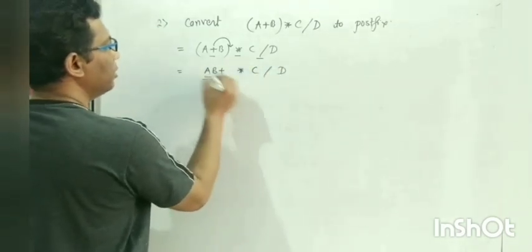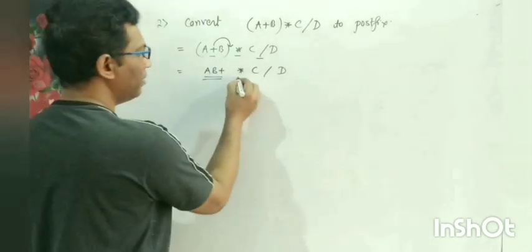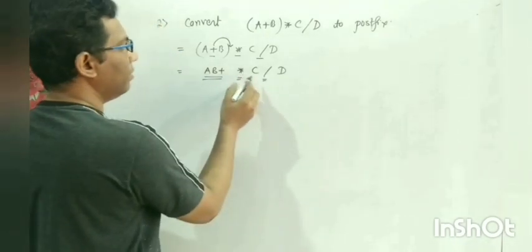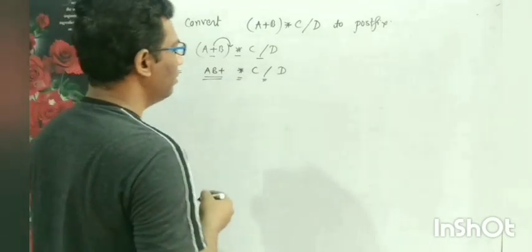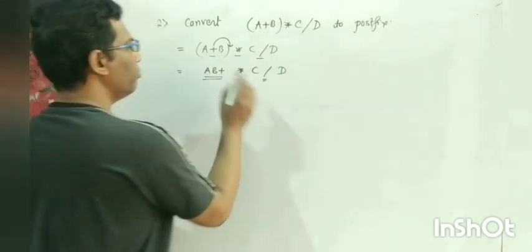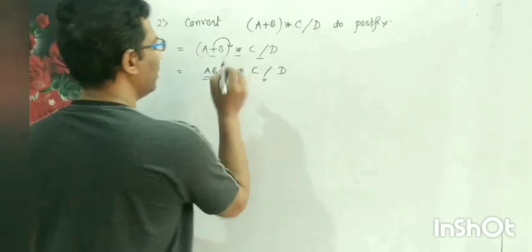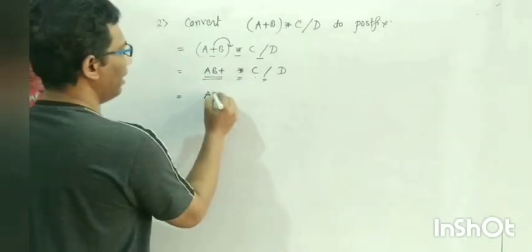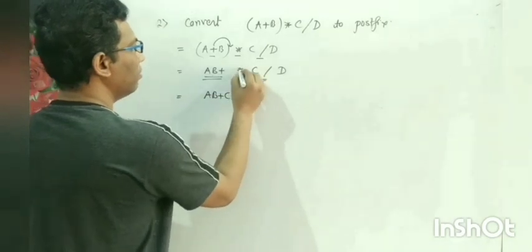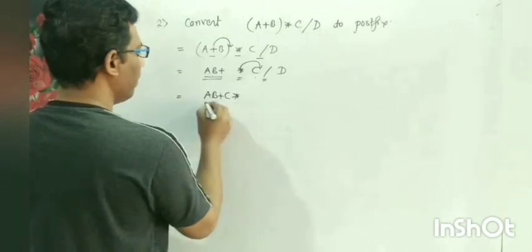ab plus is processed now. So we have two more operators, that is division and multiplication. As division is after the multiplication, that is multiplication is left to the division, so multiplication will be processed between ab plus and c, and it will become ab plus c into, as into moves after c.